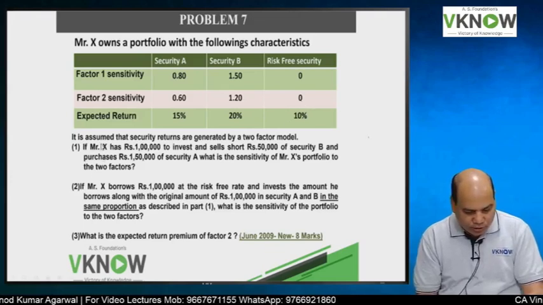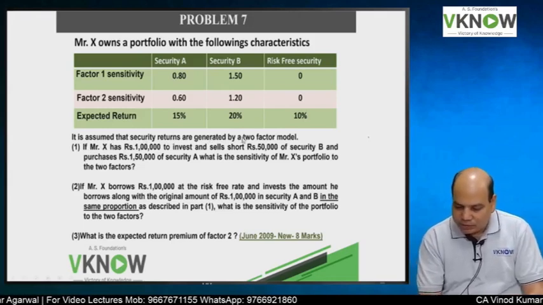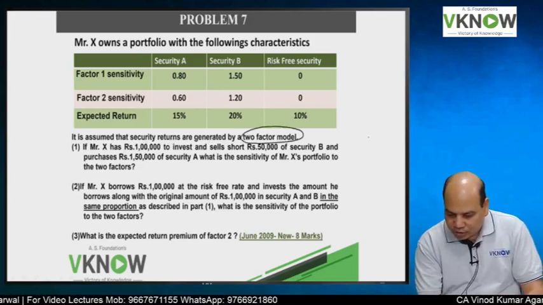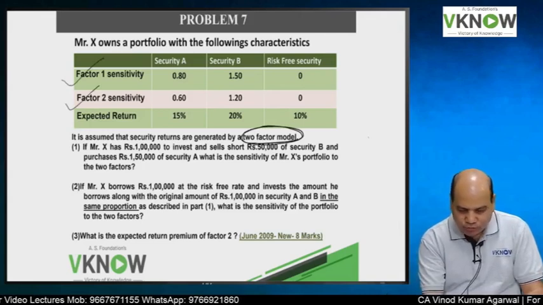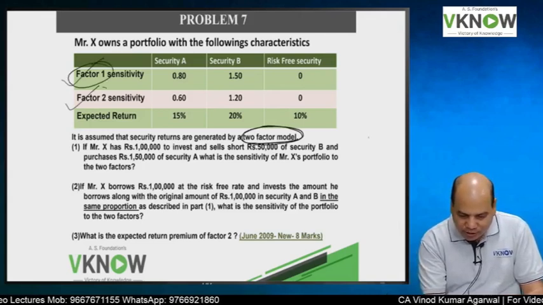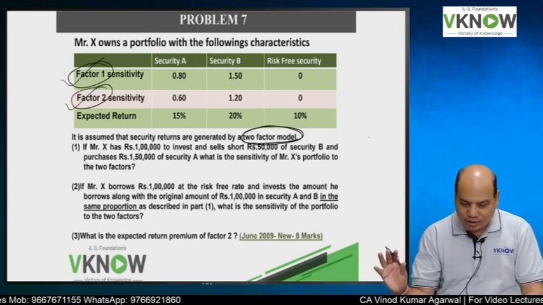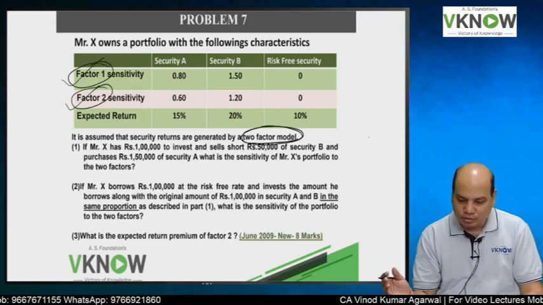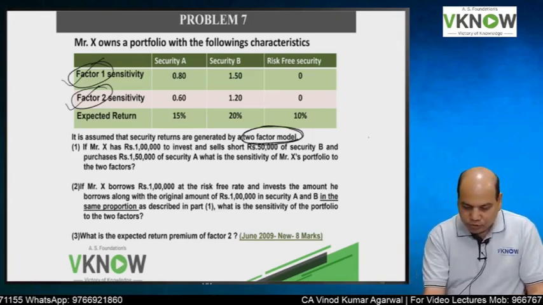It is assumed that security returns are generated by a two-factor model. Factor 1, factor 2. Factor 1 can be anything like inflation, GDP. Factor 2 can be something like interest rate, market, industrial production. So we don't know.